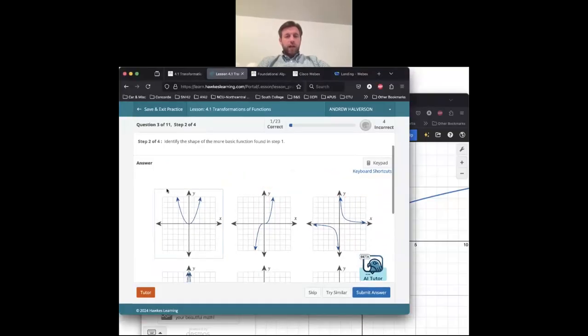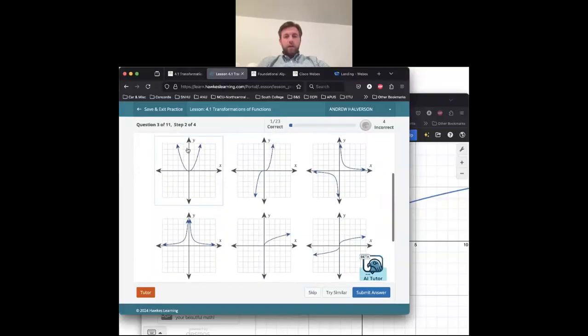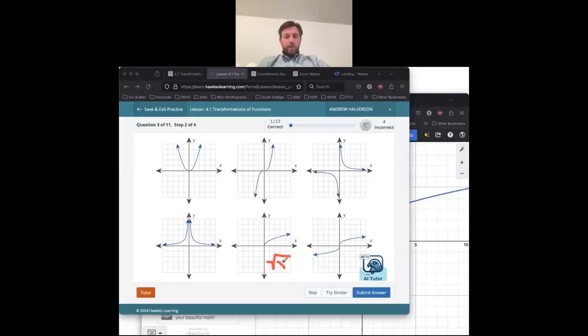So then let me scroll down. This one right here is f of x equals the square root of x. This one here is f of x equals 1 over x squared. That's the base function.